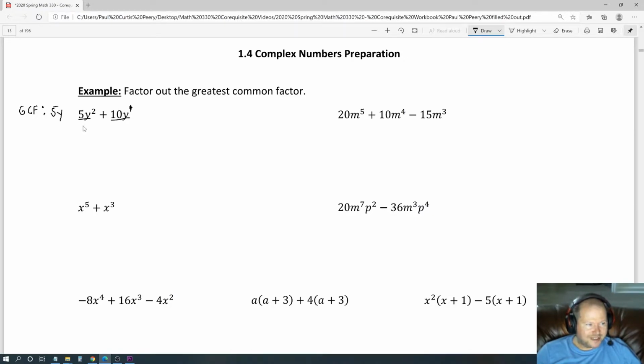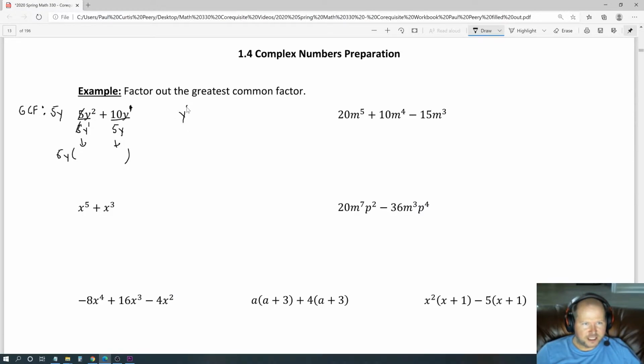When we factor it out, essentially we are dividing the terms by the GCF, right? And whatever is left over, we put inside a set of parentheses. So 5y squared, the 5's cancel out, y squared divided by y to the first power. We use the quotient rule of exponents, which means we subtract.